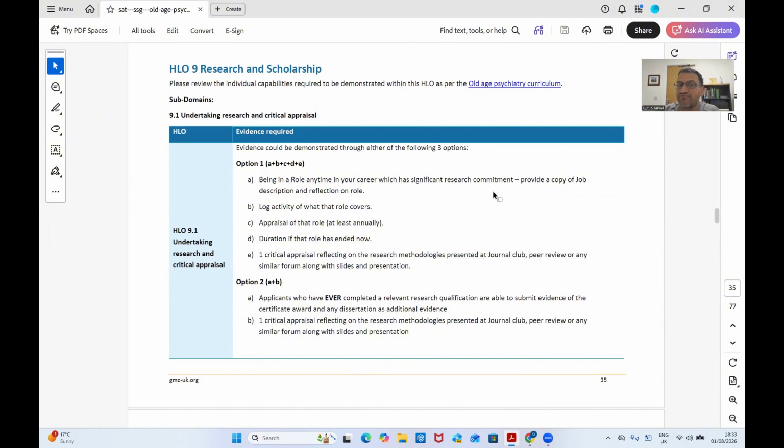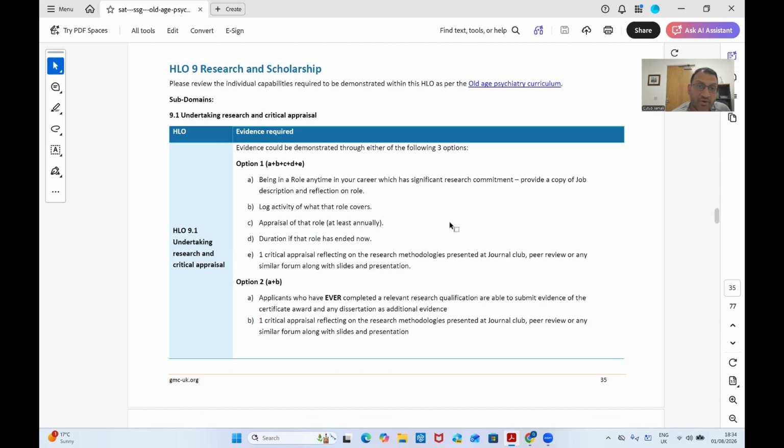You keep a log of that activity, about how many times you delivered any teaching sessions around research, or workshops, or supervision. And if you have an appraisal for that role, you can include that in your yearly annual appraisal, that you were doing a particular research role and how long that role was for.